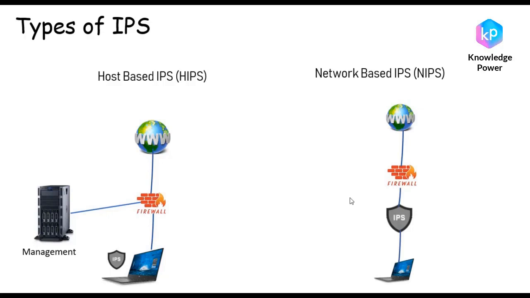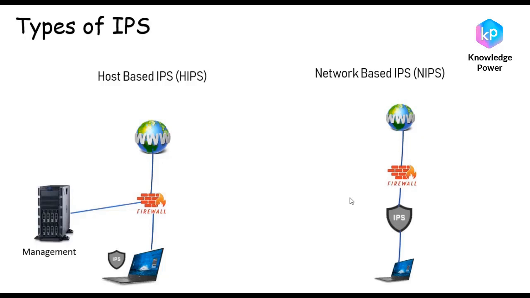So we have another type of solution for that purpose: network-based IPS. In that type of solution, you have IPS either installed on your firewall, and in the Checkpoint example, this is part of the Threat Prevention blade and will be installed on our firewall.